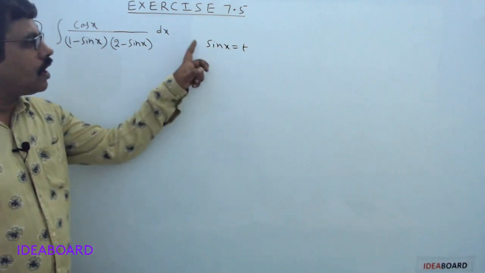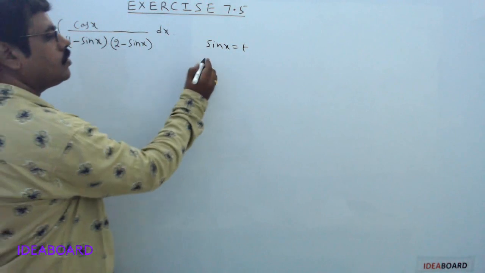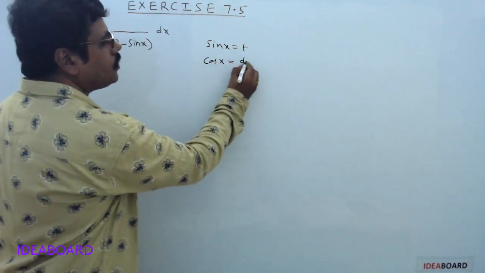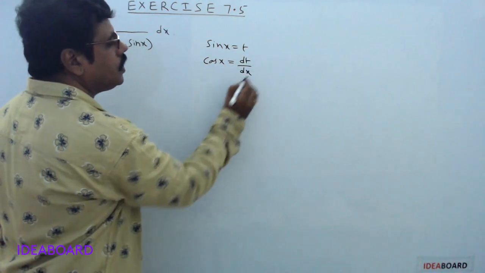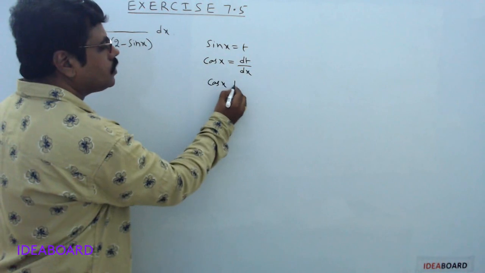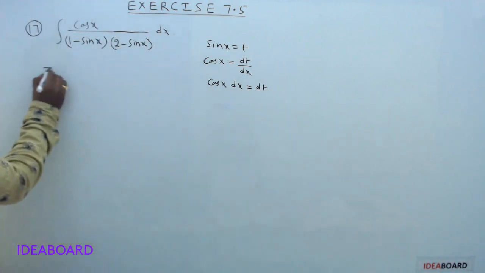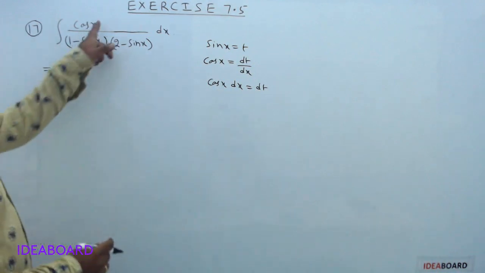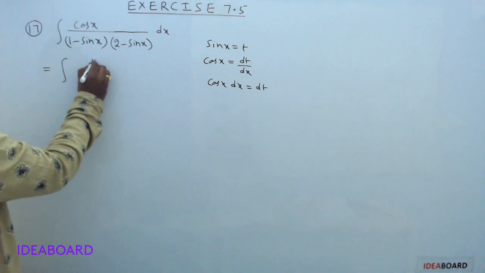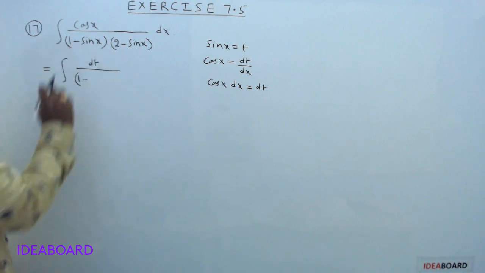Differentiate this equation on both sides with respect to x. Derivative of sin x is cos x. Derivative of t with respect to x is dt divided by dx. From this, cos x into dx is dt. Now this is integral cos x into dx. Cos x into dx is dt divided by 1 minus sin x.